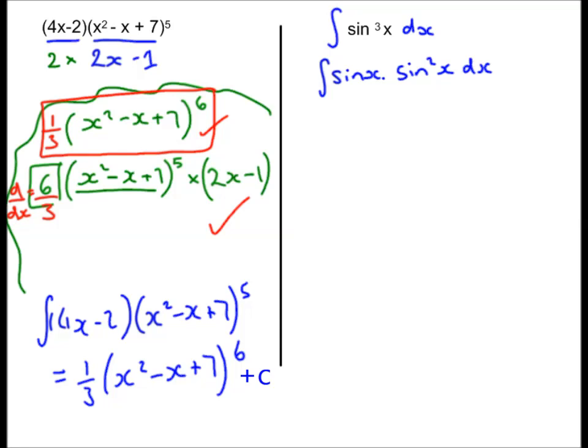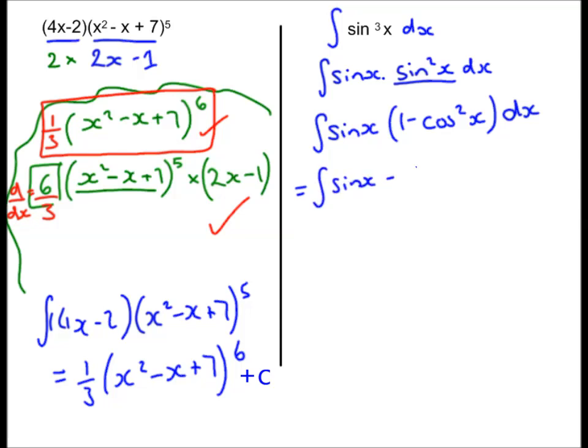And then I can use our core 2 knowledge to change sine squared x into 1 minus cos squared x. And then I can expand that to give me the integral of sine x minus sine x cos squared x dx.